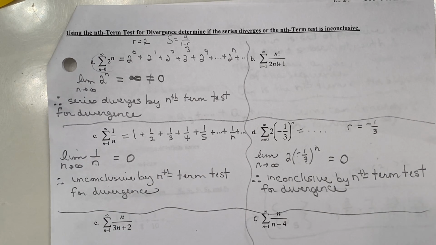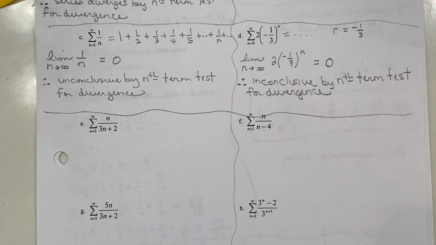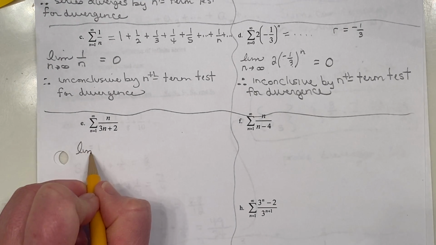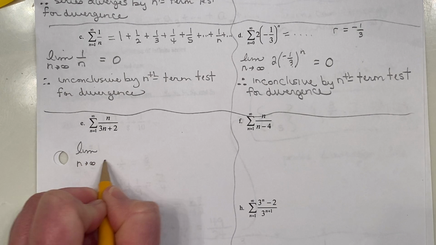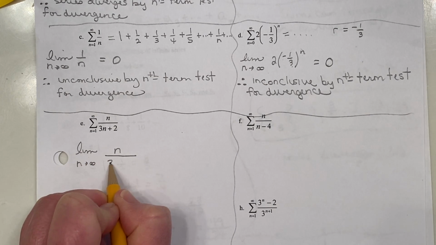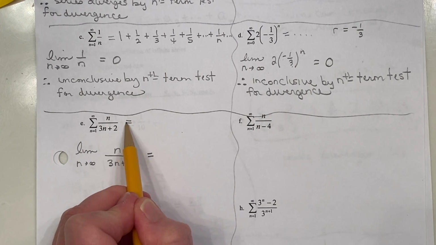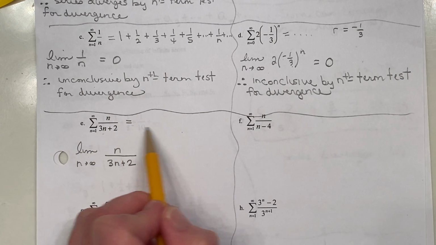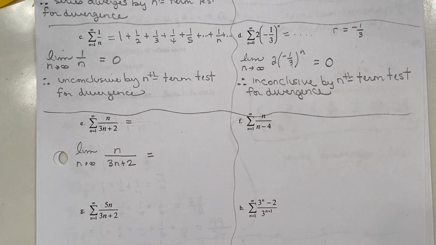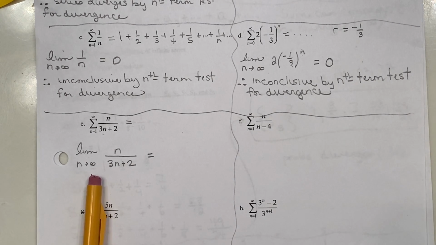All right, let's look down here at E. You could generate a few terms, letting n be 1, then 2, 3. Take a peek at the individual terms of that series. Otherwise, let's find the limit as n goes to infinity.